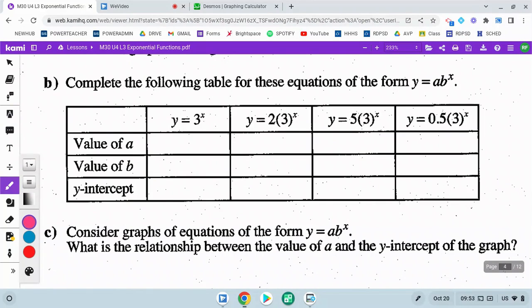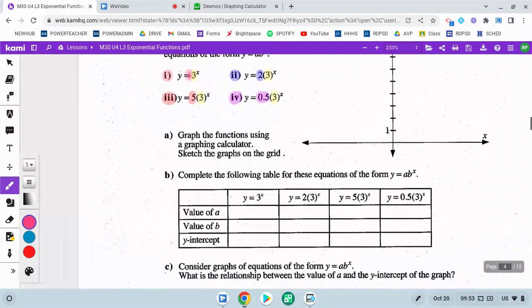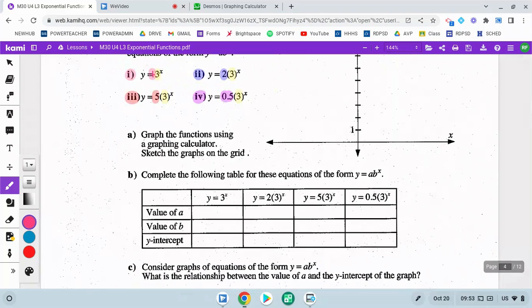So for the value of A for the first one, we already talked about how A is 1. And then the y-intercept was 1. The B value was just whatever was attached to the exponent, and so it was 3. For the next one, the A value was 2, and the y-intercept was 2. And the B value also didn't change. It's still the number that's attached to the exponent, which is still 3.